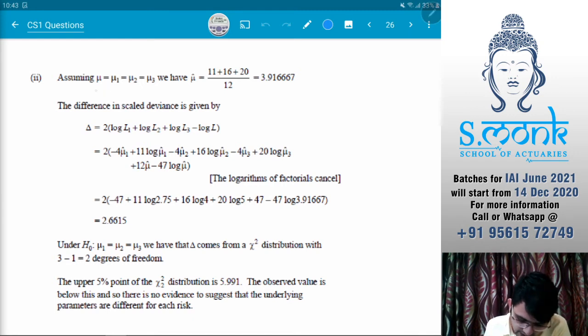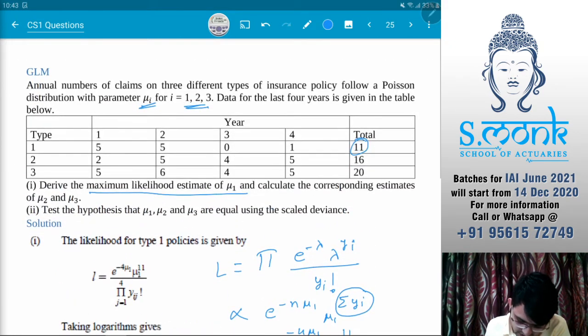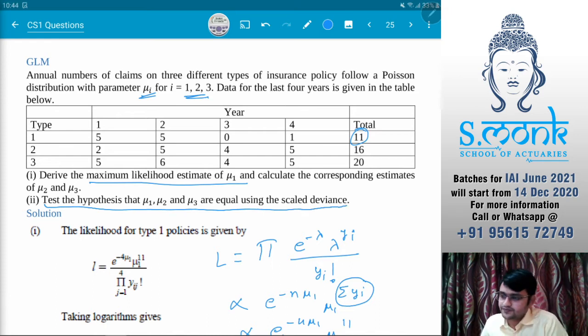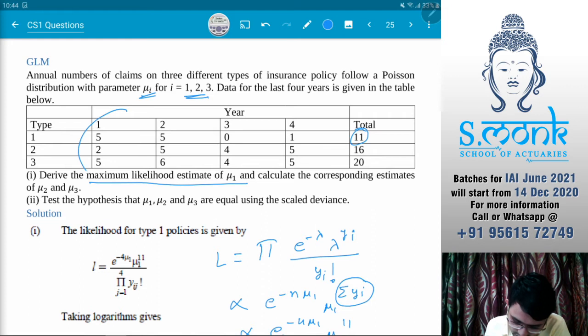Now, they are saying test the hypothesis that these are equal using scale deviance. So we have to test whether all three are equal or not. If we assume all three are equal, that means these 12 values are for the same parameter mu.